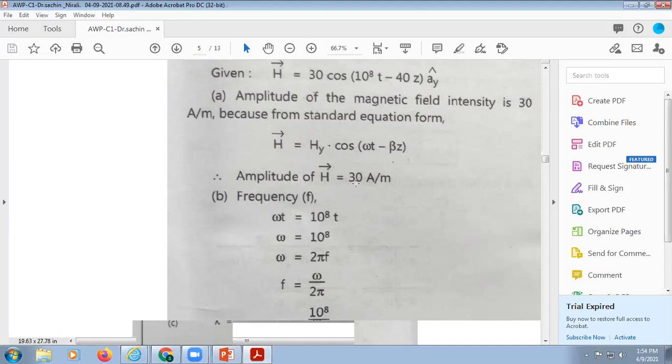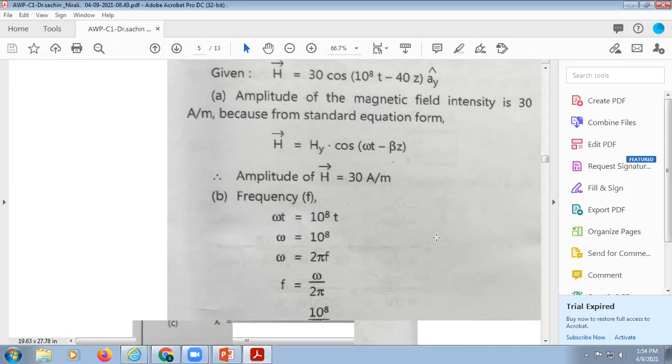Why is the ay there? Just because we are taking here the Y direction. So the amplitude at the place of Hy is nothing but 30, and the unit of magnetic field is ampere per meter. So we can take directly the amplitude of H is equal to 30 ampere per meter. Now switch towards the next part, that is the frequency.